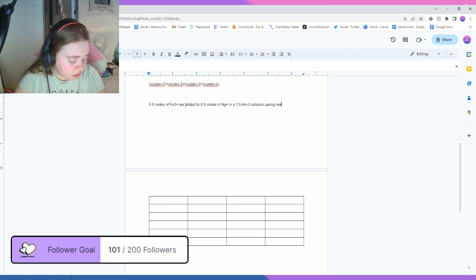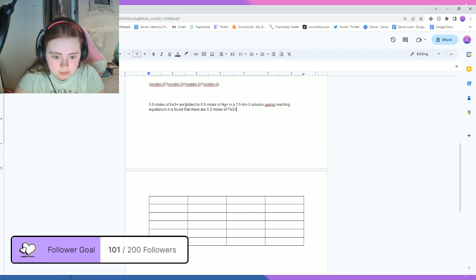Upon reaching equilibrium, it is found that there are 0.3 moles of Fe3+.